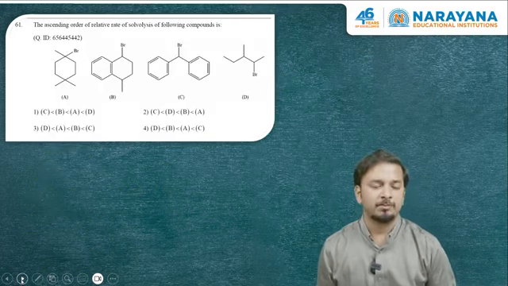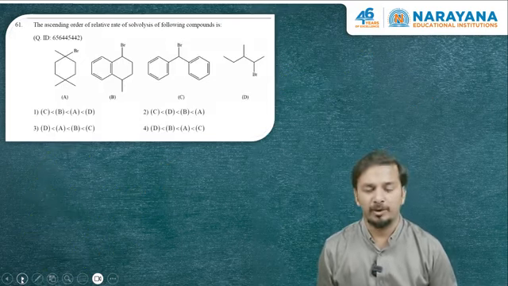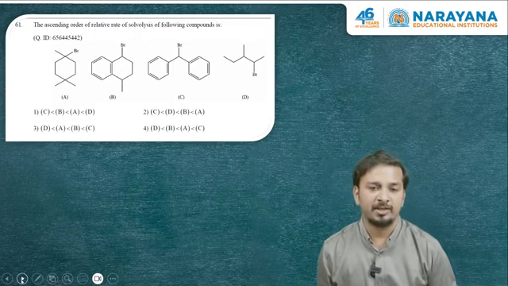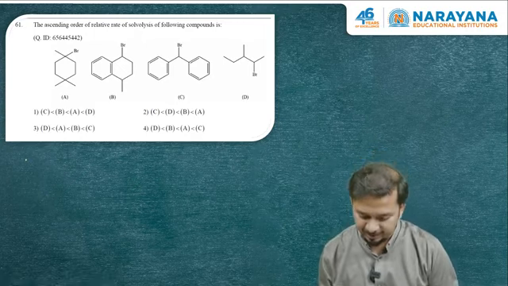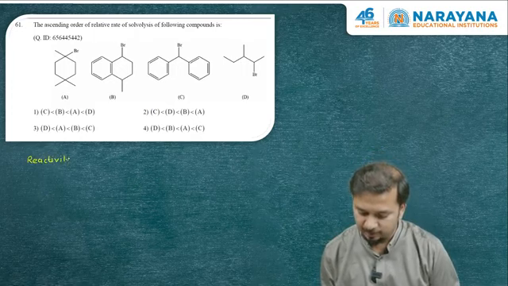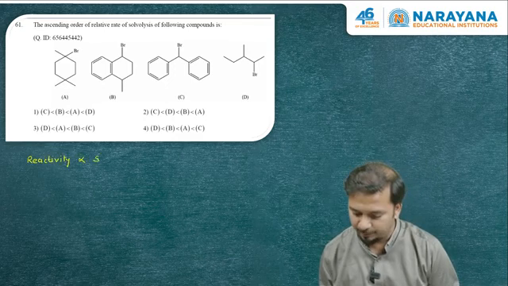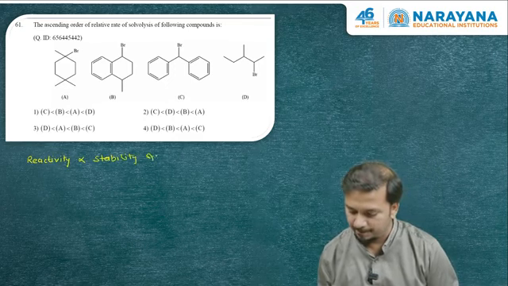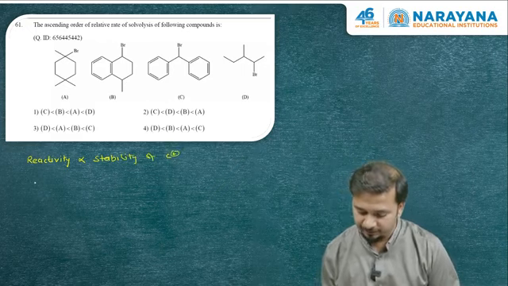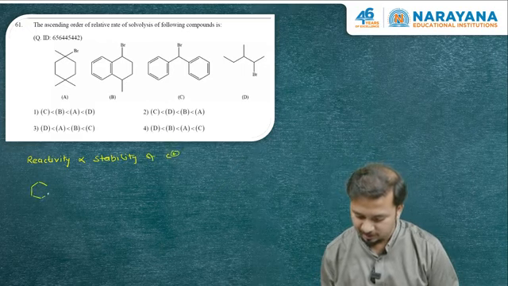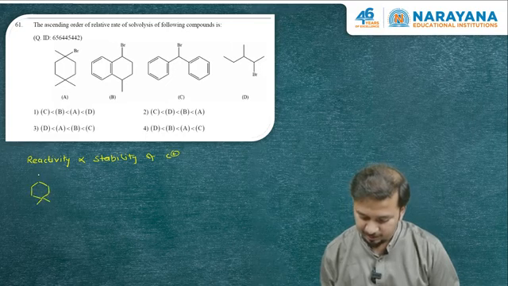Moving to next question. The ascending order of relative rate of solvolysis of the following compound is. So, solvolysis will follow SN1 mechanism. In SN1 mechanism, reactivity will depend on stability of carbocation. Reactivity is directly proportional to stability of carbocation. So, in case of A, the carbocation formed is this.